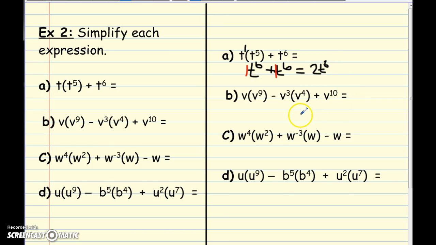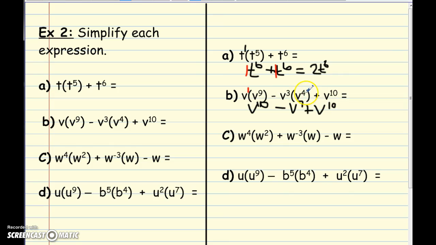So completely multiply and then look for any like terms with the same base and exponent, and then simplify like we've done before. Again, here's v to the 1st power, so this becomes v to the 10th. And then minus v to the 7th plus v to the 10th.